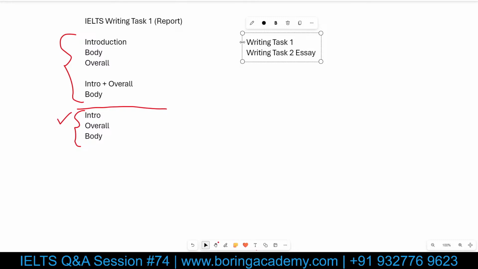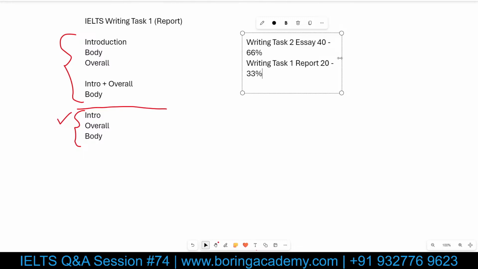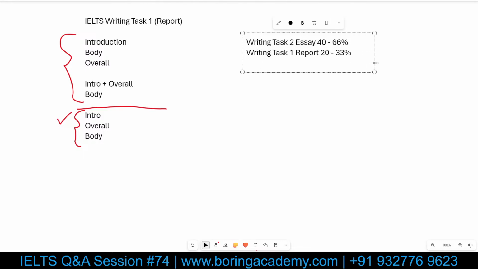The essay takes 40 minutes and carries 66% of the band score, so of course we should give priority to this one first. Then comes the report writing, which takes probably 20 minutes and only fetches 33% of the band. So it makes sense that we should start with our essay.